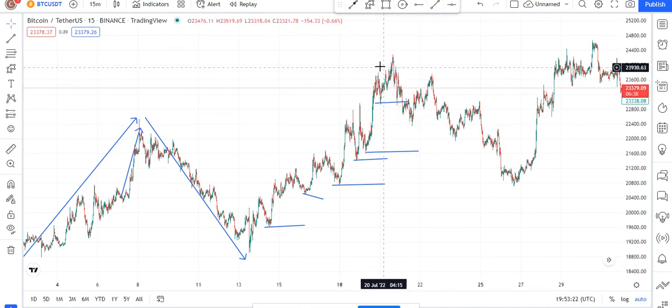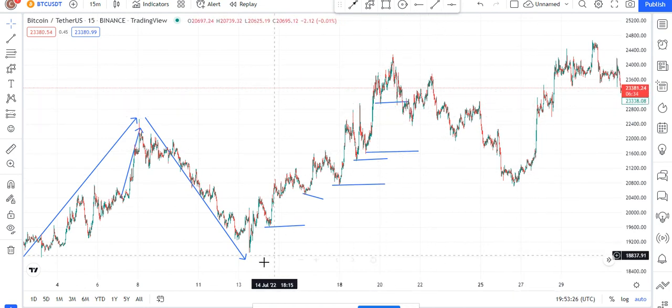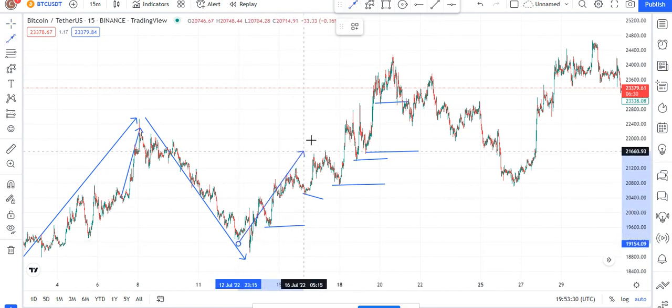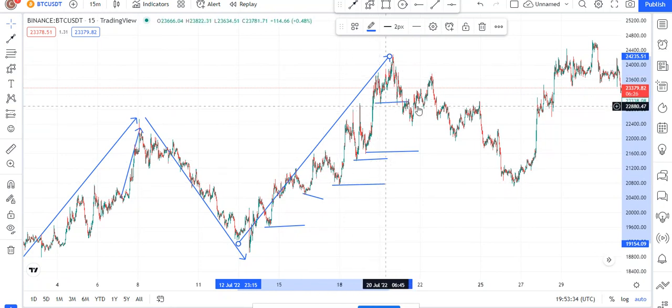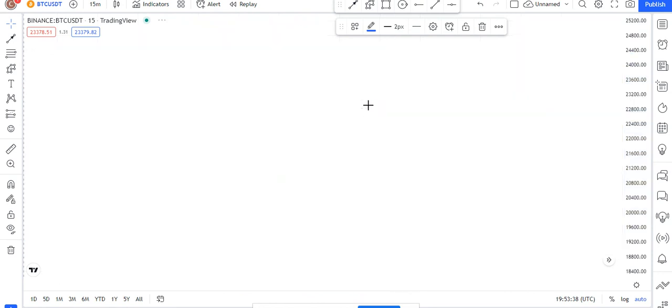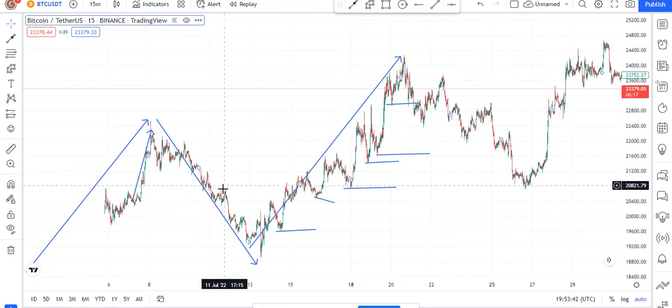The thing is reversing because it is going to correct for this. We're now going to look at this entire move as the range. Once we take out one strong low, the entire move will be what we treat as our range.